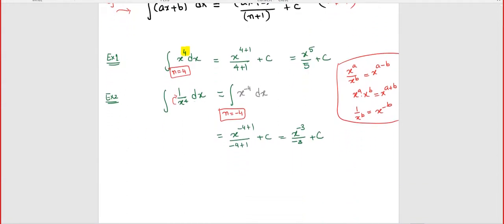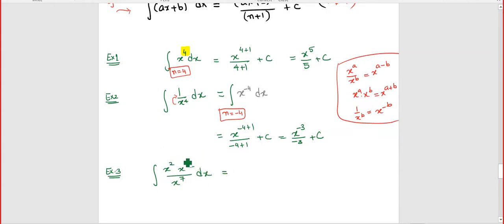Okay, let's take another example where you have to work again with the rules of indices. Say suppose you have the integration of x power 2, x power 3 over 2, divided by x power 7 dx.